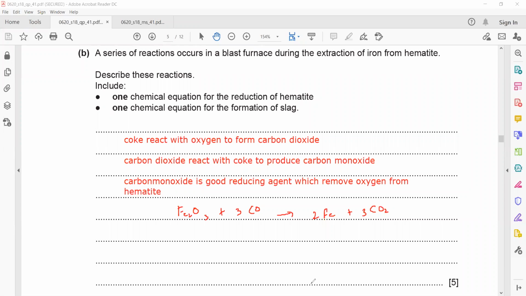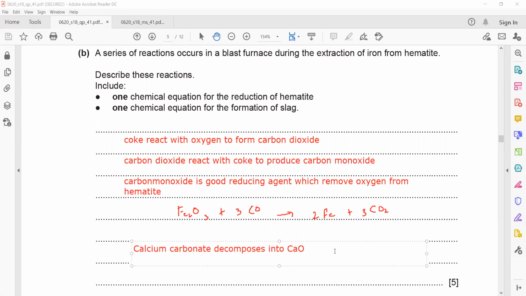Then calcium carbonate decomposes to produce calcium oxide. Calcium oxide is a basic oxide which reacts with silicon dioxide to form slag. So slag is CaSiO3.